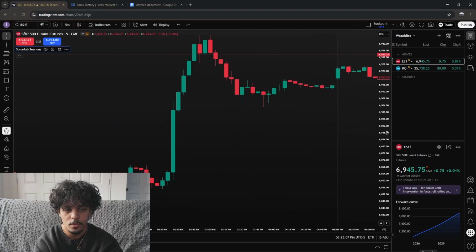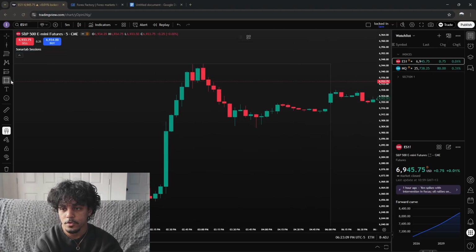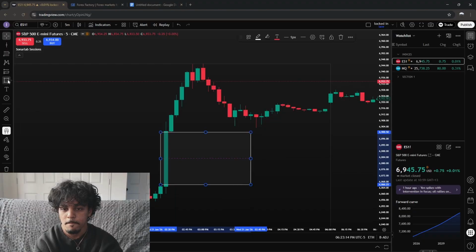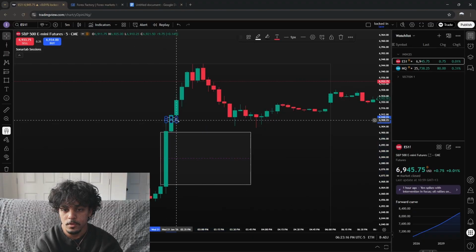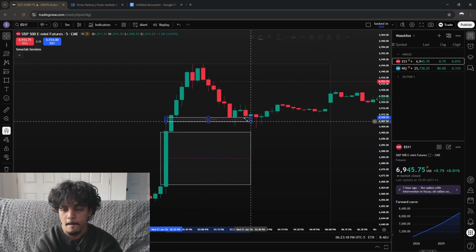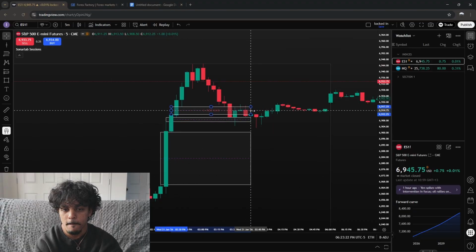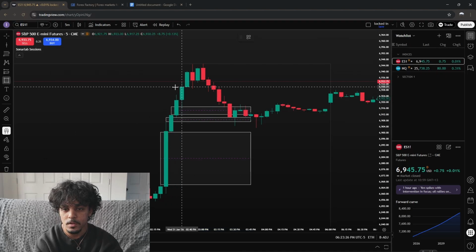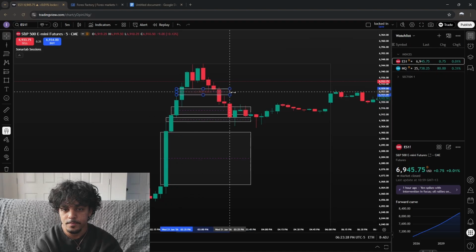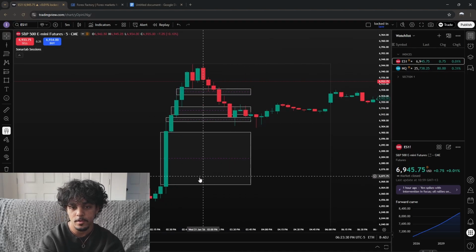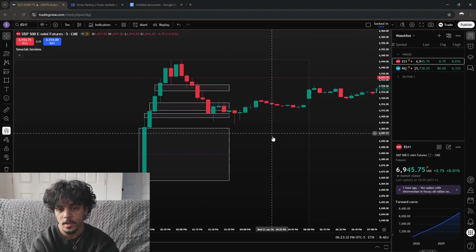Okay, over here we have a bunch of fair value gaps. We have one here. We have a small one here. We have another one here. We have one here. And as you can see, we have a bunch of stacked fair value gaps.